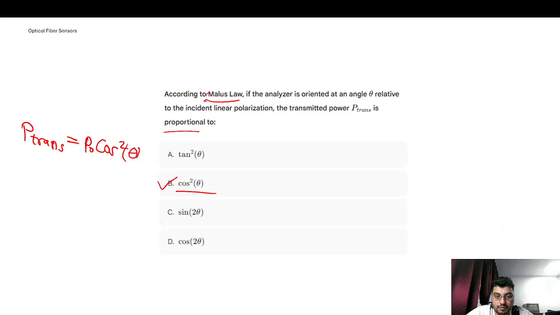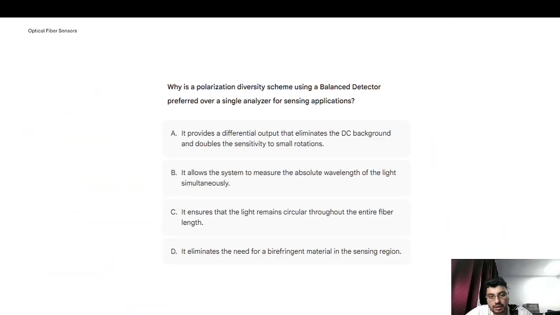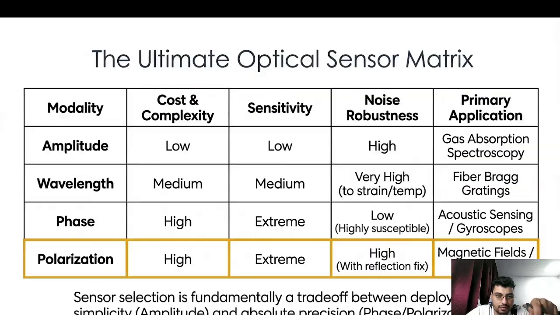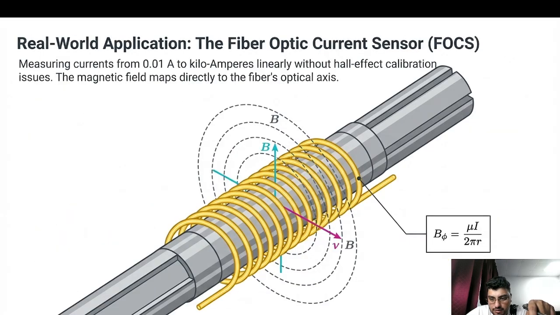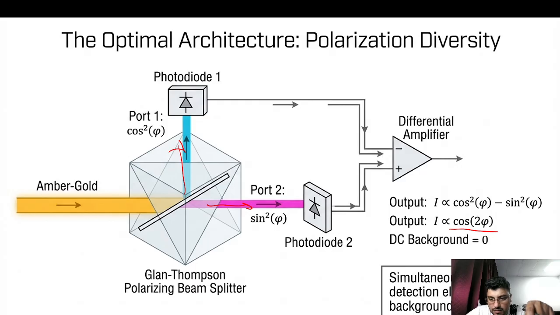Let's see that. So the correct answer here is this one. The sensitivity doubles and the DC background becomes 0. DC background 0 and the intensity doubles here.